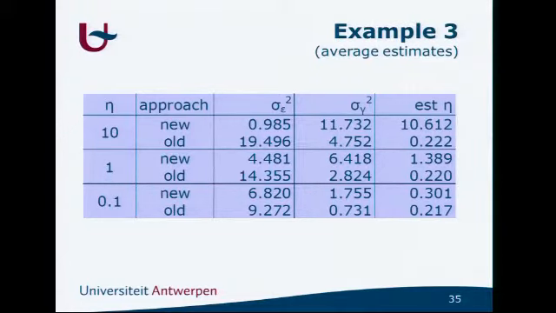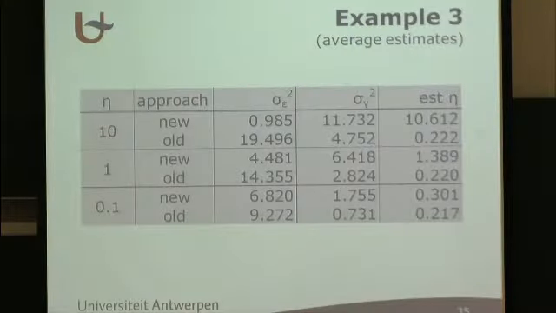For example, when we look at eta equal to 1, then both sigma squared epsilon and sigma squared gamma should be in the neighborhood of 5, and we can see that with the new design, our estimates for sigma squared gamma and sigma squared epsilon are indeed in the neighborhood of 5. With the old design, we do not get close. With the old design, we get pretty poor estimates for sigma squared epsilon and sigma squared gamma.